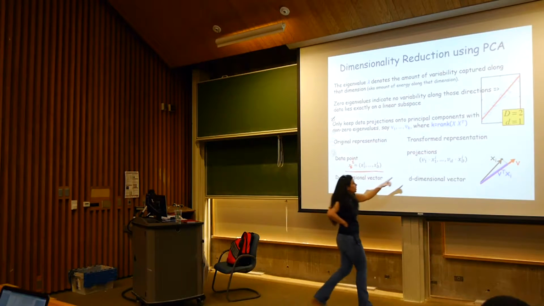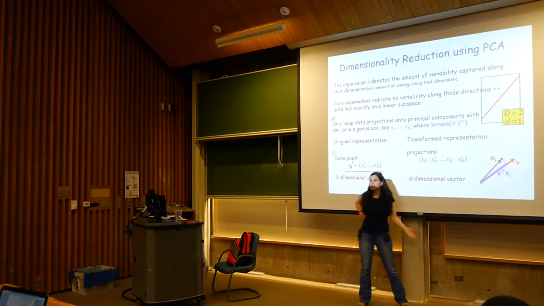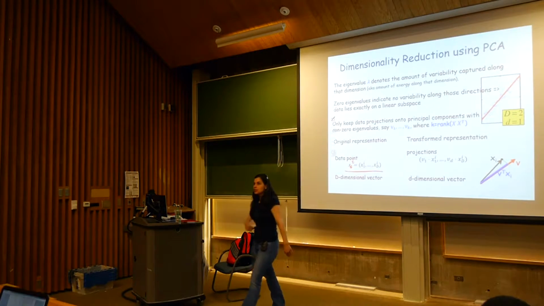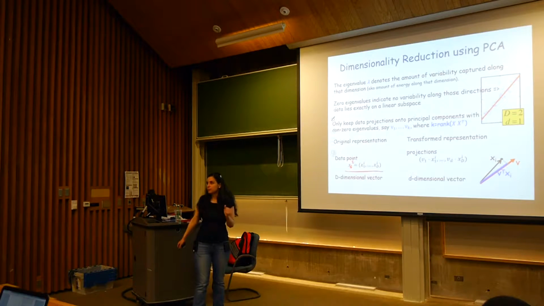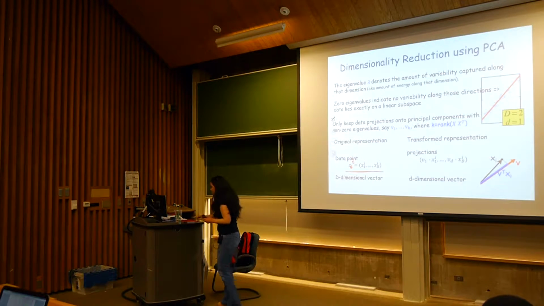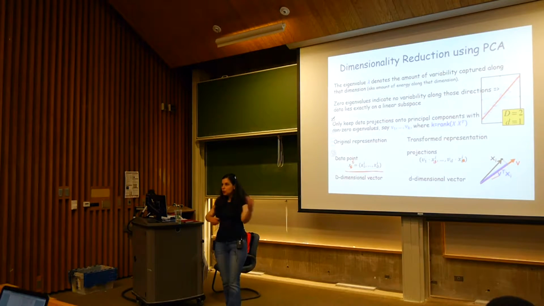This should have been just v dot xi, not xdi. That's a typo there. I'm just taking the length of the projection of my point onto the direction, and I'm just saying how you're going to represent the point.